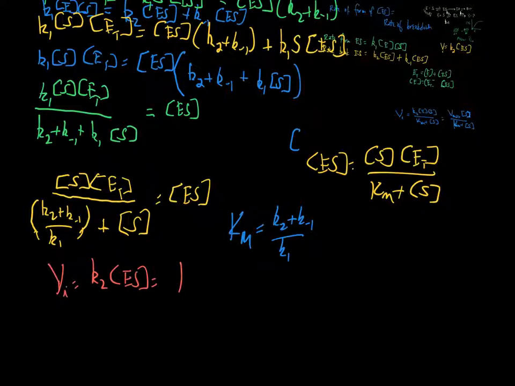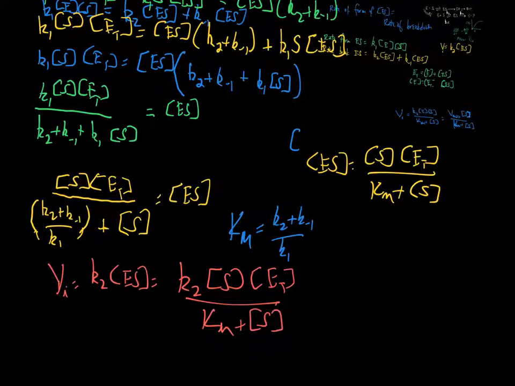So it's going to be initial velocity equal to K2 times substrate times the total enzyme concentration divided by Km plus S. Okay, and so all that they do now, which is the same thing, I'm just going to put it in the traditional format that you see in the book, is that V is equal to K2 times E times S, and this time they just write out E, they don't write E total, but it really is E total, over Km plus S.